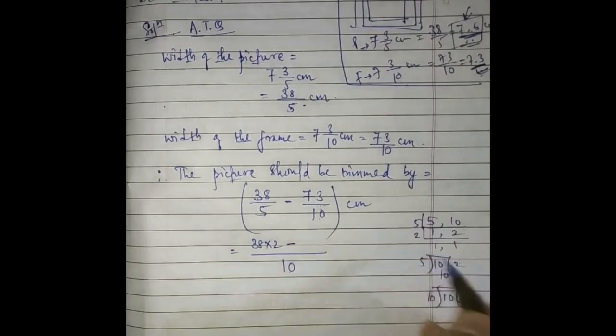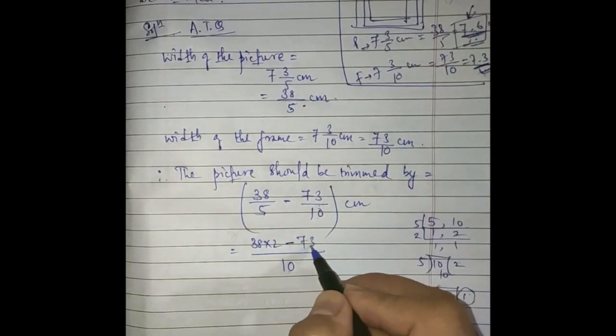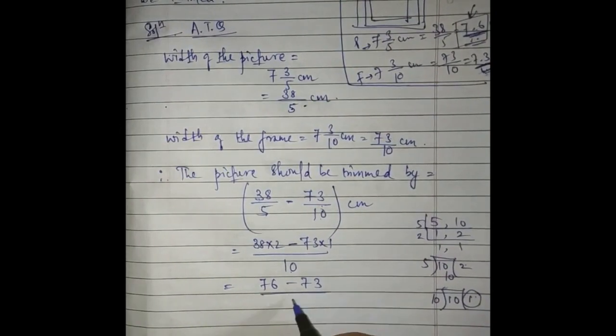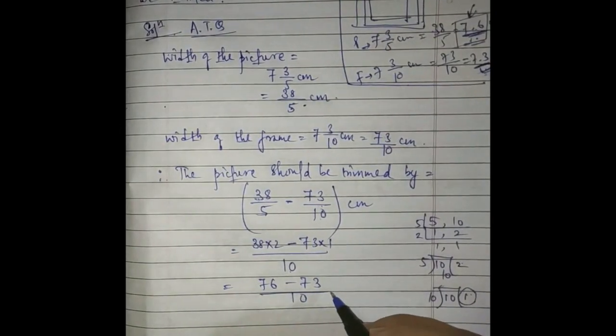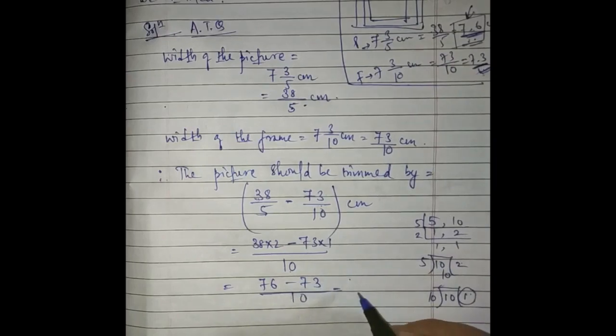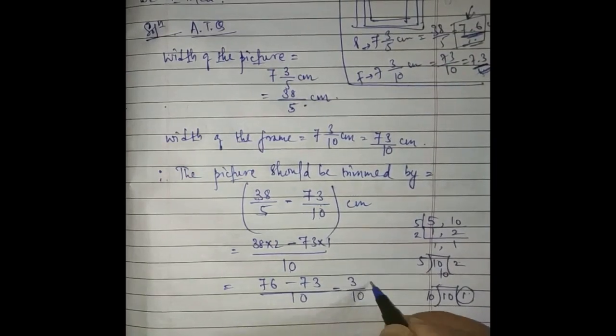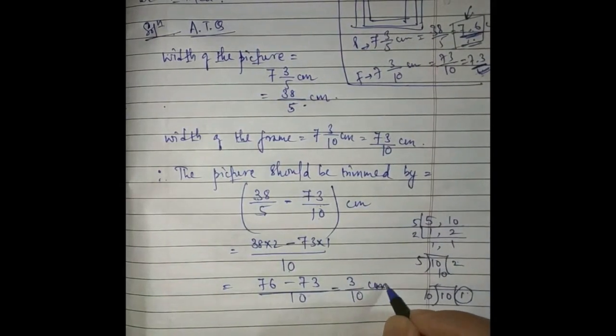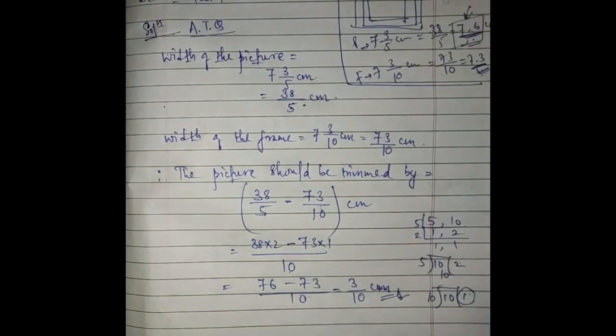So multiply this 73 into 1. It is 76 minus 73 by 10, which is equal to 76 minus 73 is 3 by 10 centimeter. Alright, so therefore the picture should be trimmed by 3 by 10 centimeter. Alright, so I hope you are clear with this.